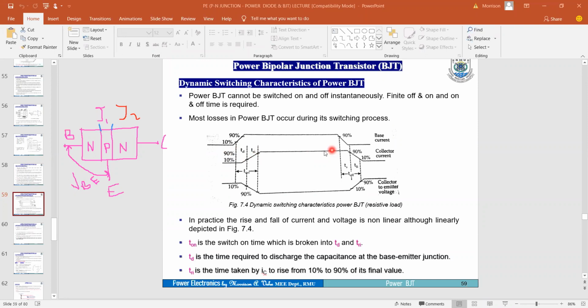It means that at this point, the device is fully turned on, so there is no need to further increase the base current or adjust your drive circuit, because the device is actually turned on. It has moved from the cutoff region to the saturation region.